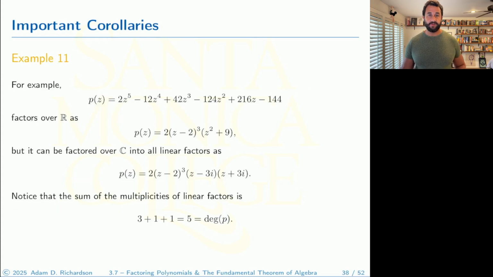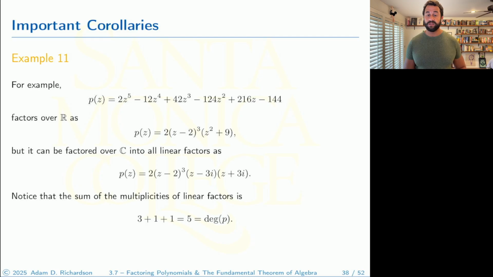So here is an example. This is a fairly gnarly polynomial. We can factor it over R as this. So in this case, the zero 2 has multiplicity 3. So this is z minus 2 times z minus 2 times z minus 2 times z squared minus 9. So this is fully factored over the real numbers.